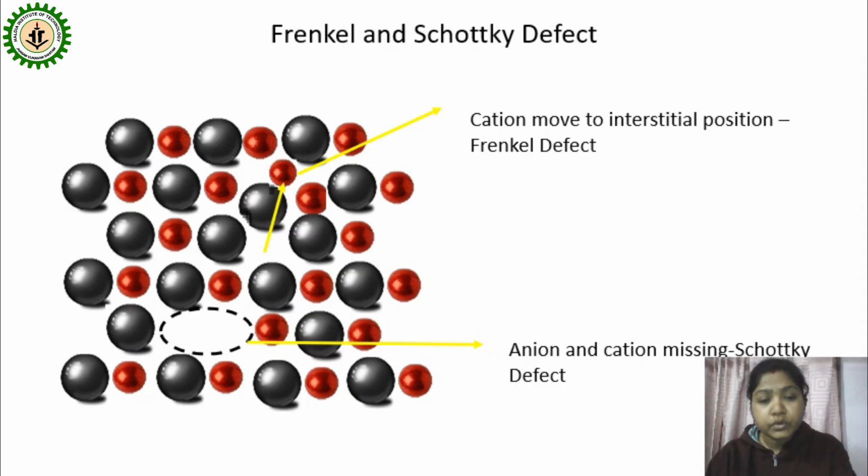If both are missing from the regular atom site, then this type of defect is called Schottky defect. Only when the cation moves from its original position to another interstitial position is it called Frenkel defect, and when both anion and cation are missing, it is called Schottky defect.